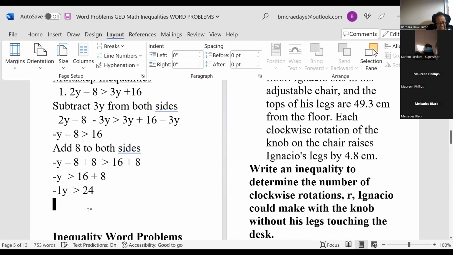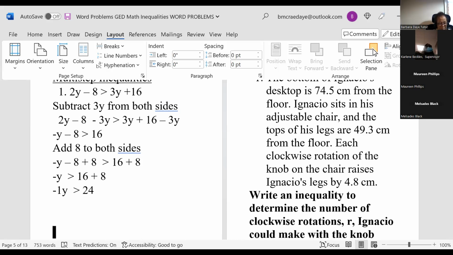Both sides, by what? By 8 or by 16? No, you want just y left. You've gone left, you passed that part already, Maureen. Go down to where she is. She has minus 1y greater than 24. So divide by, Maureen?